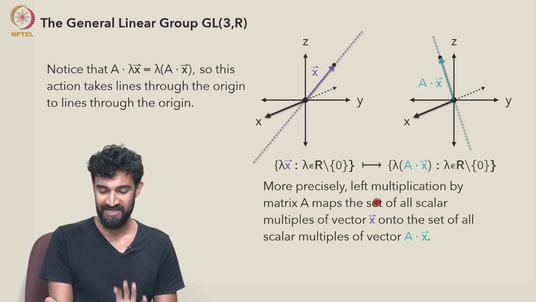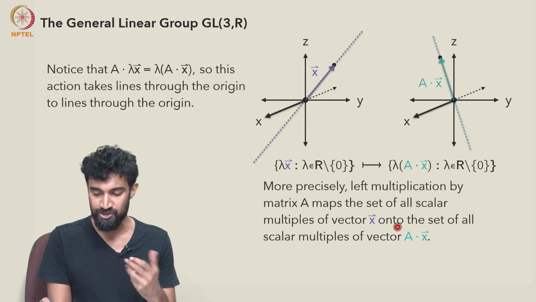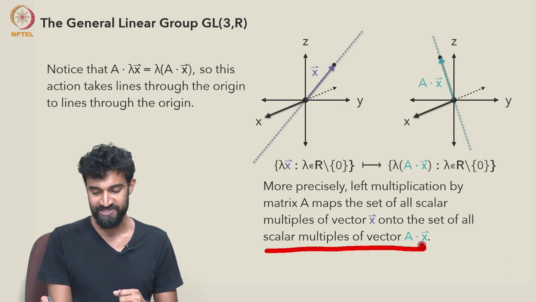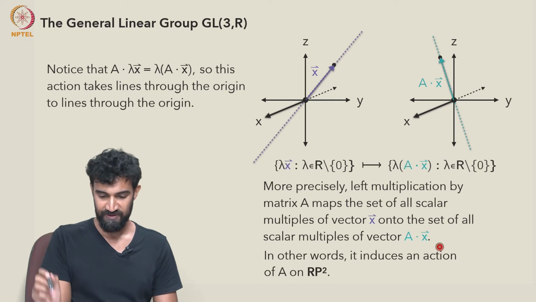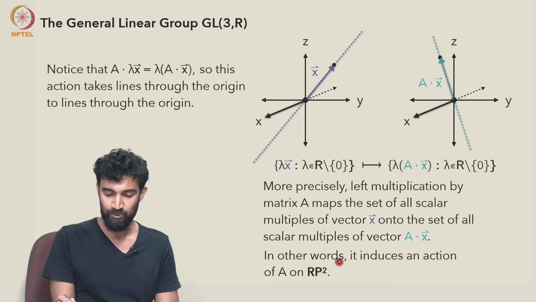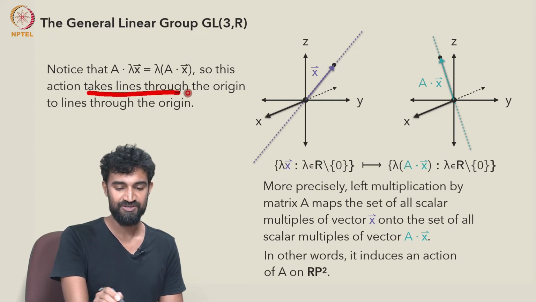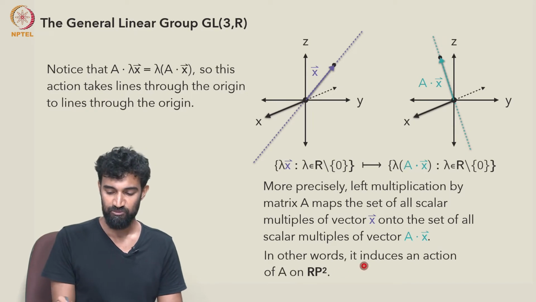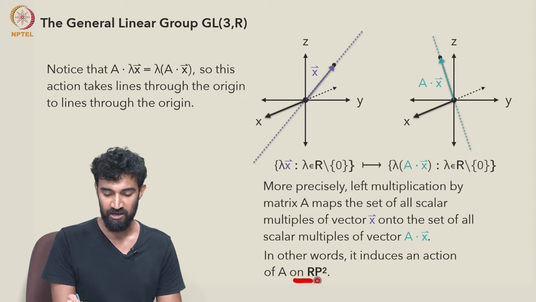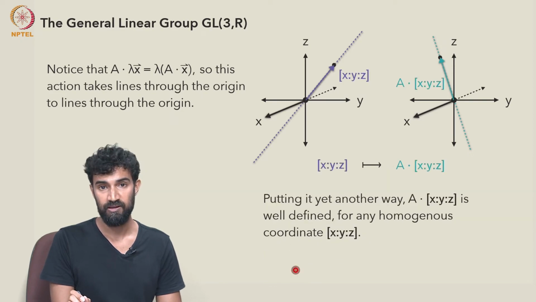Saying it a slightly different way, left multiplication by the matrix A maps the set of all scalar multiples of x onto the set of all scalar multiples of Ax. In other words, since we're taking lines through the origin to lines through the origin, we're inducing an action of the matrix A on RP2.